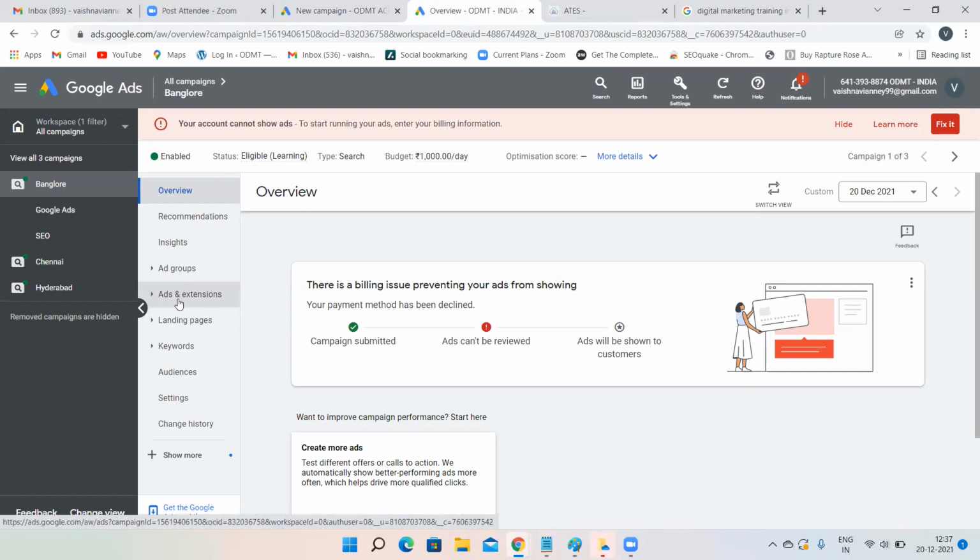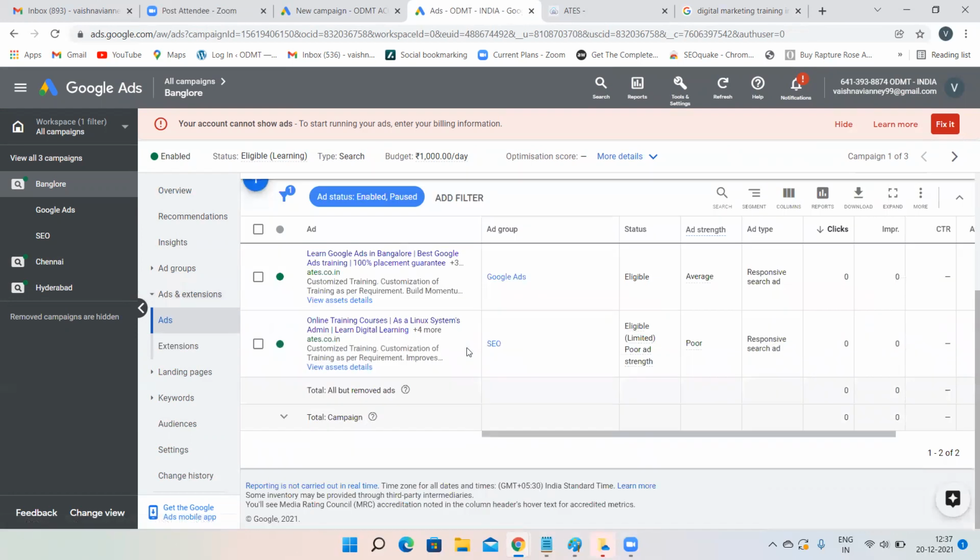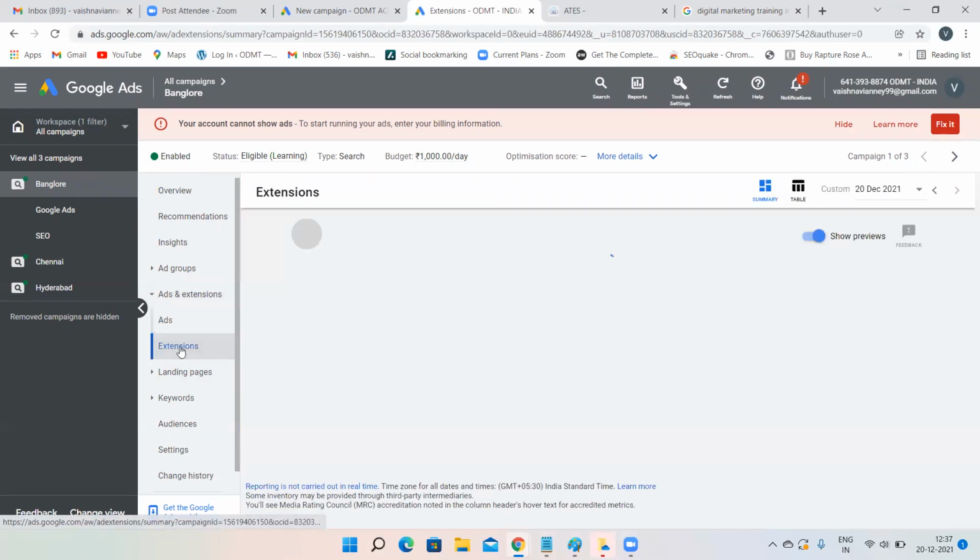If you observe, when you were creating the ad group for Hyderabad and Chennai, there was also an option called extension. That means separately when you are creating a campaign, there also you can add extensions. Otherwise, if you don't want to do lots of hard work, there is one more option called ads and extensions, which appears on the dashboard. Directly click on this particular thing. No need to do it at campaign level and everything. Ads and extensions, then click on extensions.